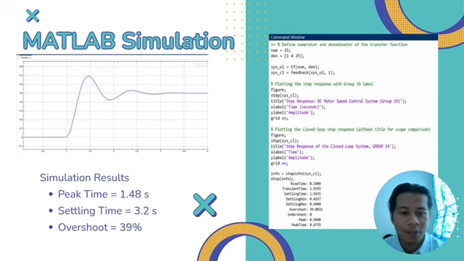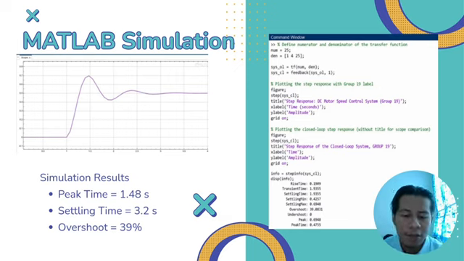I would like to continue with slide number 6, that is the MATLAB simulation. After completing the theoretical calculation, we verify the system using a MATLAB simulation. The simulation produced a peak time of 1.48 seconds, a settling time around 3.2 seconds, and an overshoot of 39%.